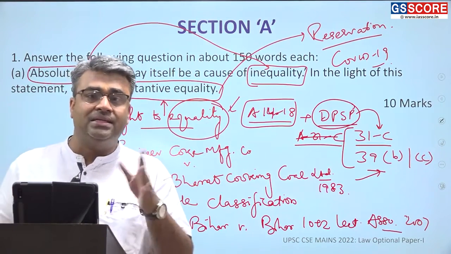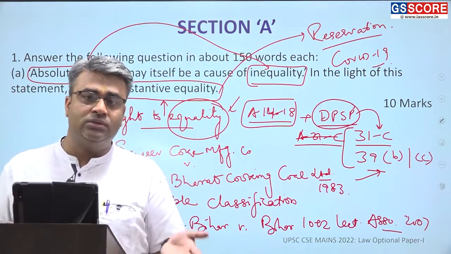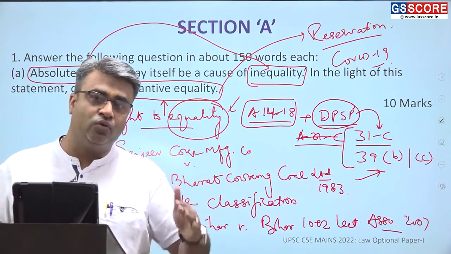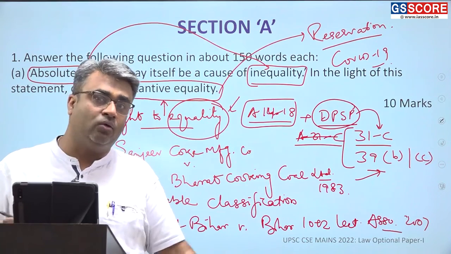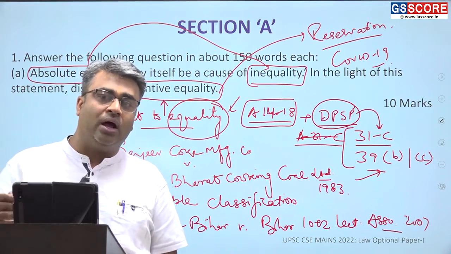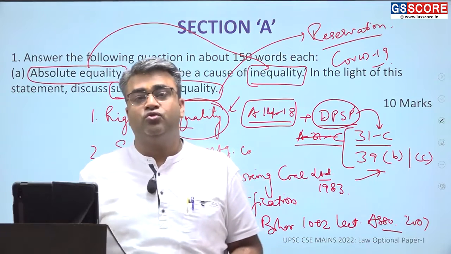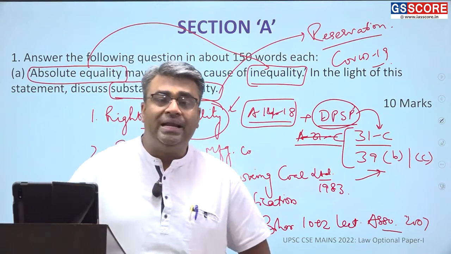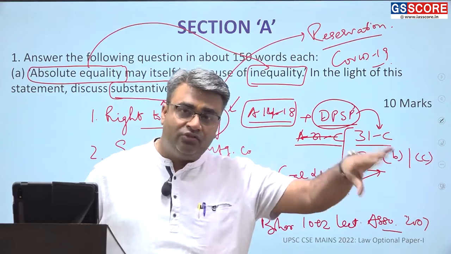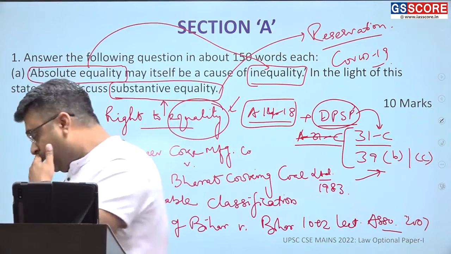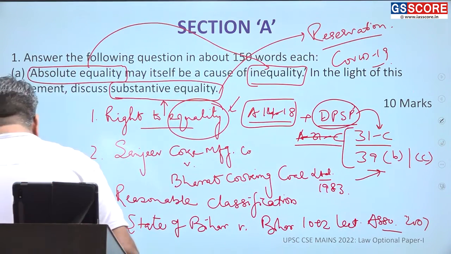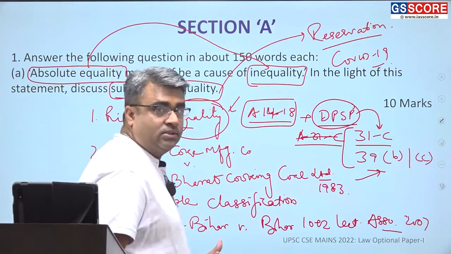So the government designed separate rules and a separate pay scale for the trained lecturers, and for the untrained it was something else. It is a reasonable classification, because if you treat the trained lecturers the same as the untrained lecturers, this will cause a grave error in justice.